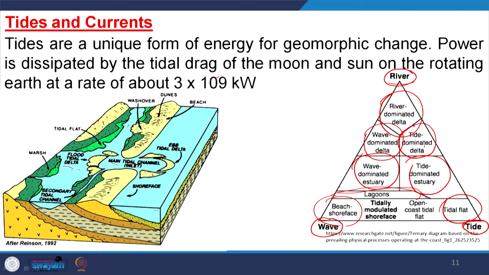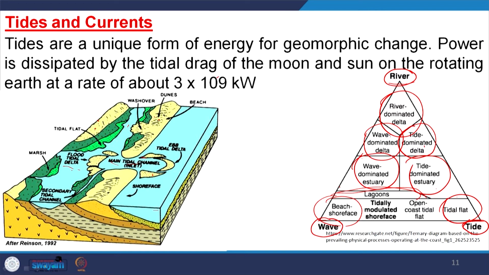Similarly, the geomorphic process of a particular landform may be a combination of many of these geomorphic agents, or dominated by a particular agent depending upon its position.